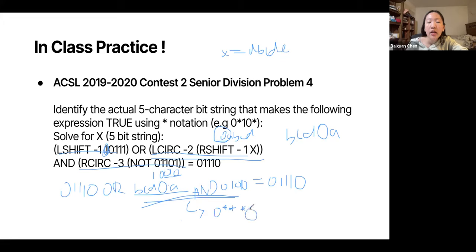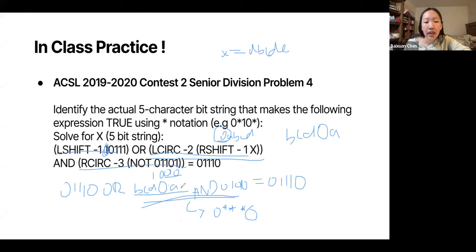And why is that? Because this is an OR function, right? And OR will only return a 0 if there are 2 zeros. So this expression has to be equal to 0 at the front and 0 at the back. And then it can be 0 or 1 because we already know the left side is 1. So no matter what, on both sides, it will return a 1, no matter if it's a 0 or 1.